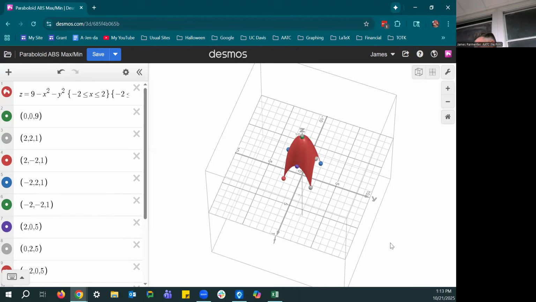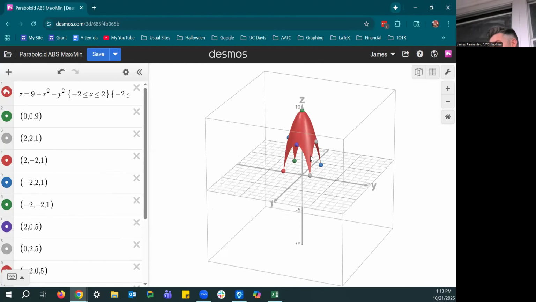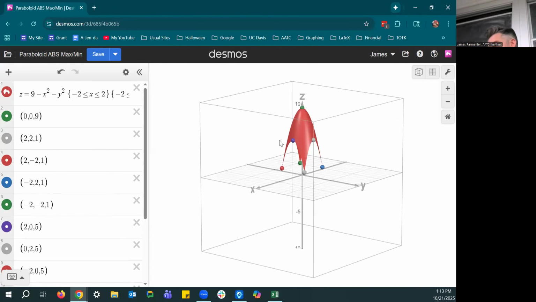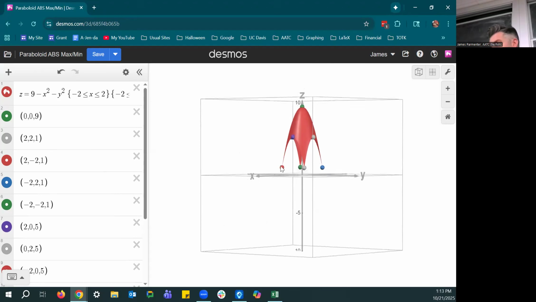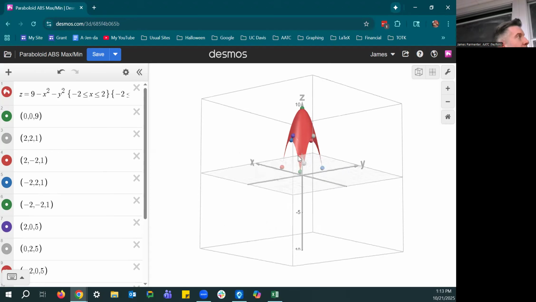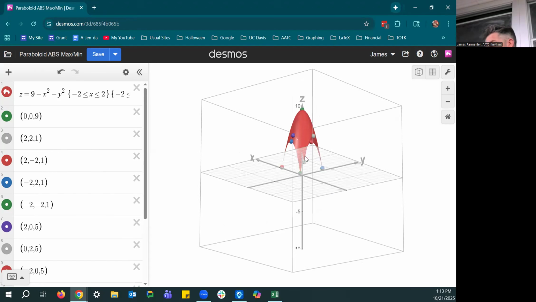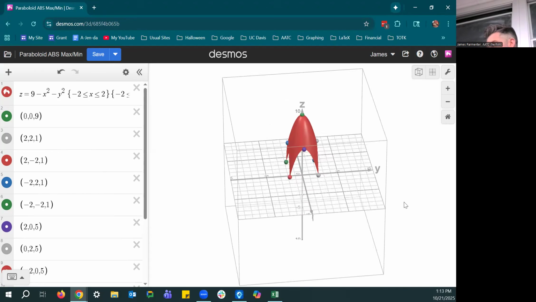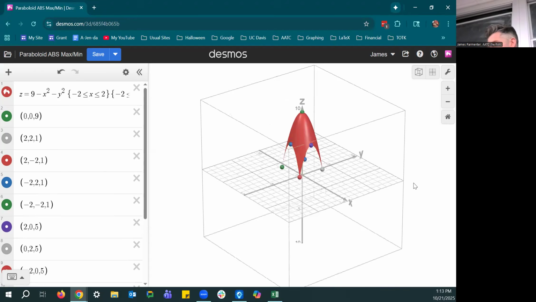So what I really wanted to point out though was that these points right here are those points on the walls I was talking about where it's a maximum along that wall, even though it's not a maximum for the entire function, right? That purple dot right there, or that green dot right there, all four of them.